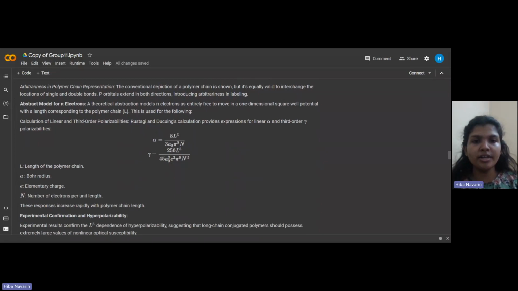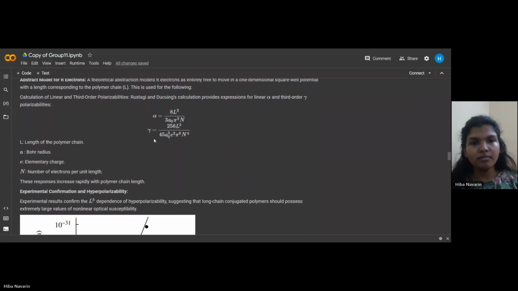Here we have to note how they are proportional to the polymer chain length as well as the number of electrons per unit length. The third order polarizability is directly proportional to the fifth power of the length, which is very significant.